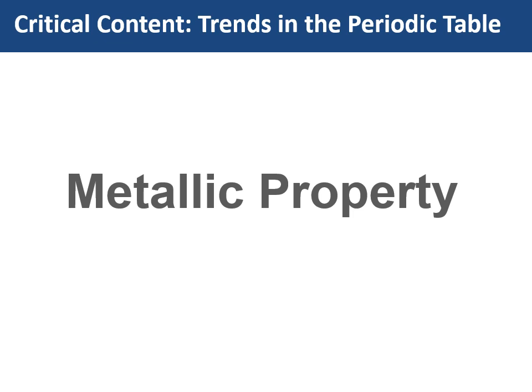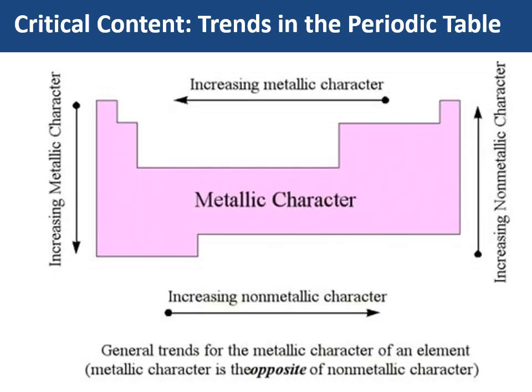Next one is metallic property. Okay. So, ito ay tungkol sa mga metal. Okay, class. Another trend in the periodic table is known as the metallic property. Paano nga ba ito?